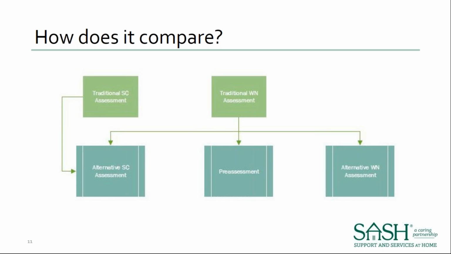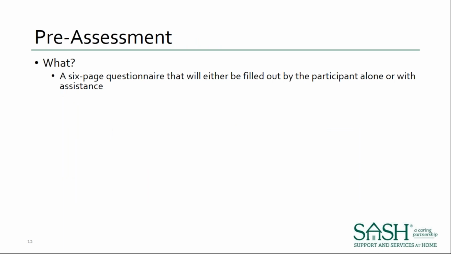All of the data collected in the traditional SASH coordinator assessment is still going to be collected in the alternative SASH coordinator assessment, so that doesn't change a whole lot. However, you can see that the traditional wellness nurse assessment, all that information that you have traditionally collected, has been split out into these other three things: the alternative SASH coordinator assessment, something called the pre-assessment, and the alternative wellness nurse assessment.